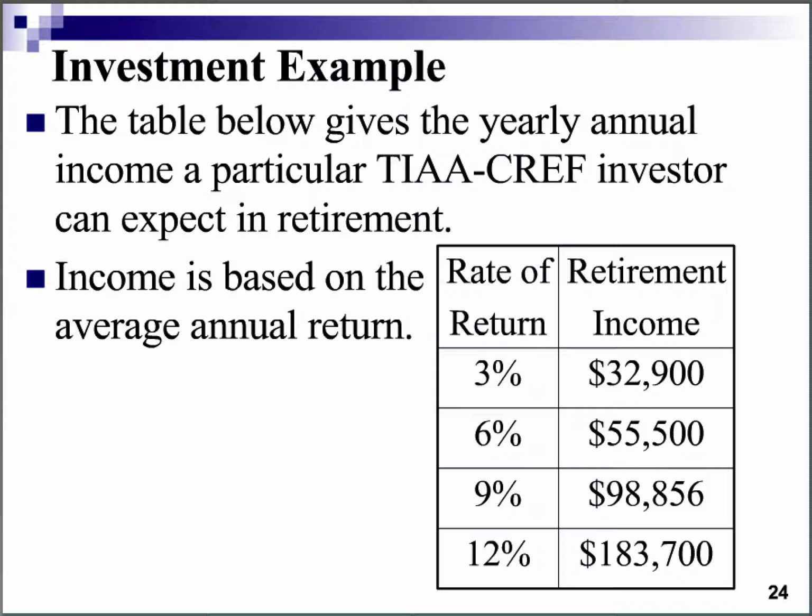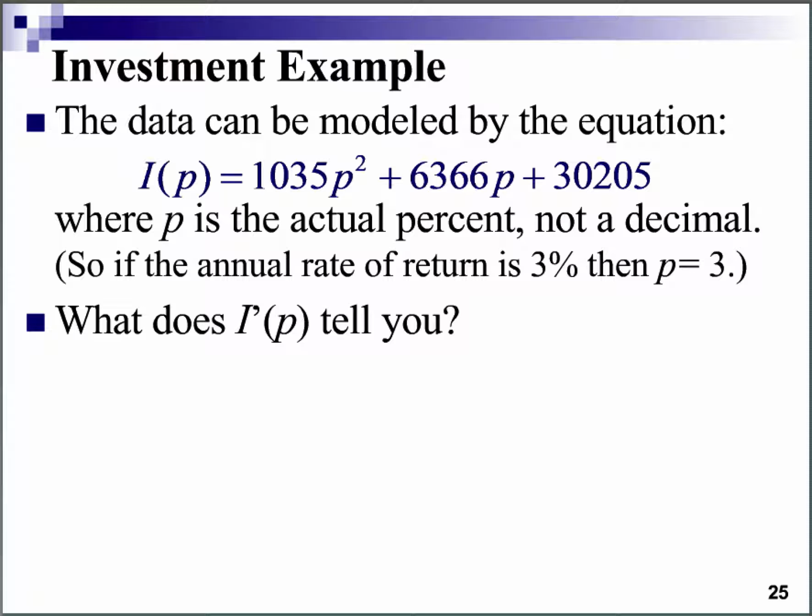So given that, let's take a look at what this would look like. What I've done here is I've modeled this data with an equation. I actually used Excel to do this. And I have a function I for income, that depends on P, the percentage rate that you earn per year in this retirement account.